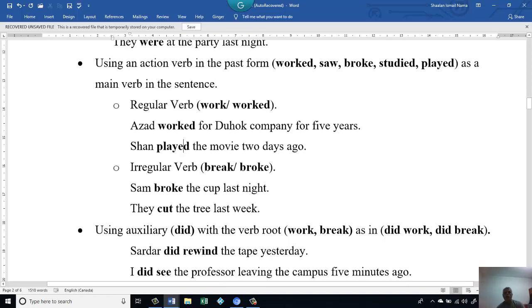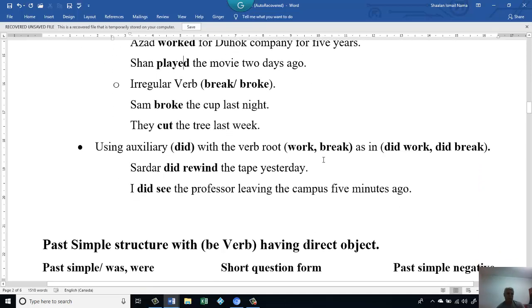We have a problem sometimes with irregular verbs. For example, with irregular verbs, we have break, broke. The only solution for those is that you have to memorize them, the irregular verbs. For example, Sam broke the cup last night.